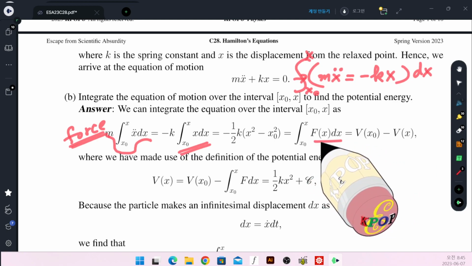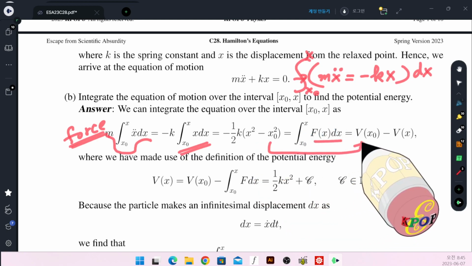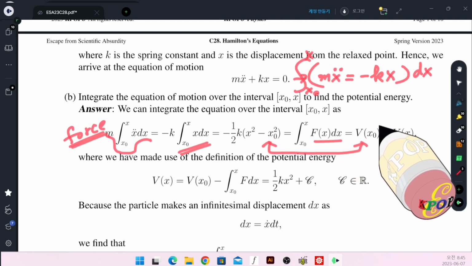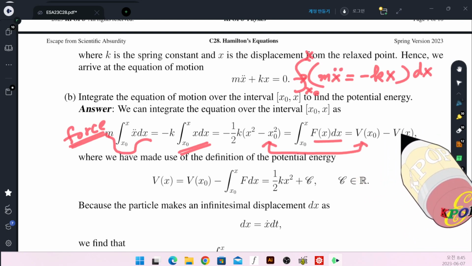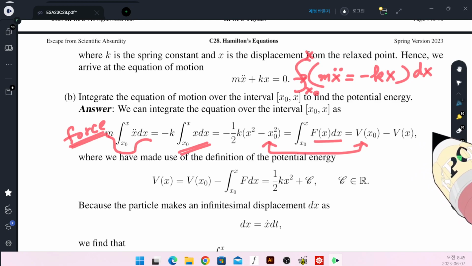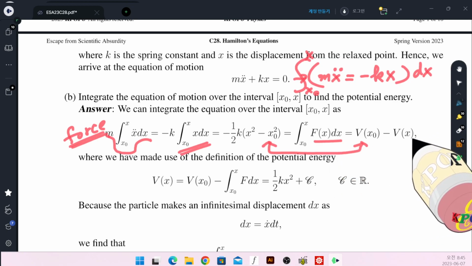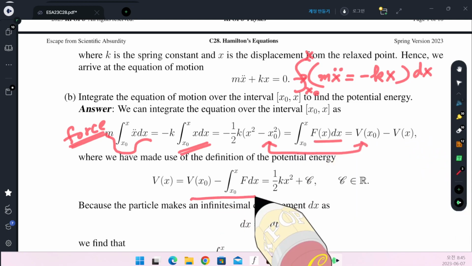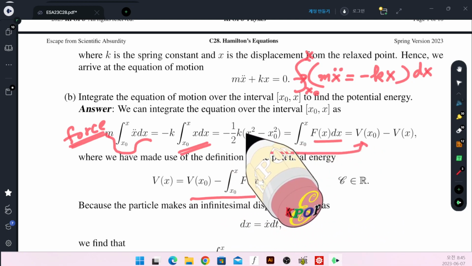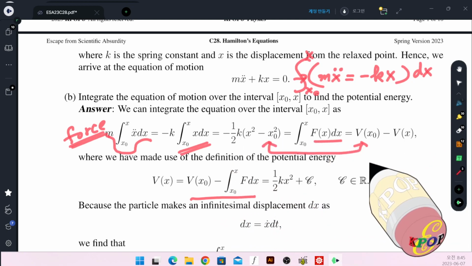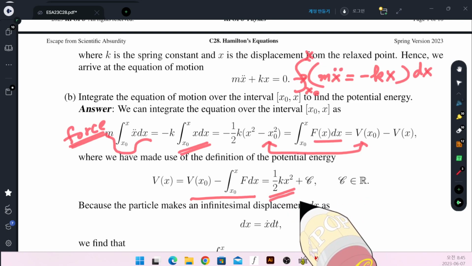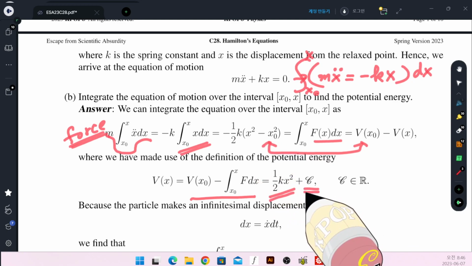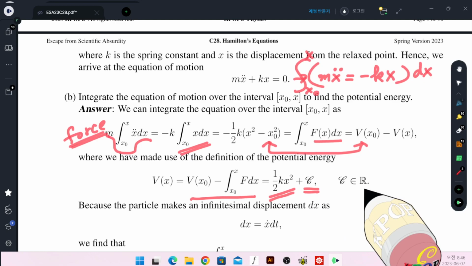So as a result, this is the reference point value of the potential energy subtracted by the potential energy at an arbitrary point. As a result, we can read the potential energy from in here. It is by definition, and we can read the value of V of x, which always contains 1/2 kx squared, and it is undetermined up to an arbitrary constant, that is, an arbitrary real number.